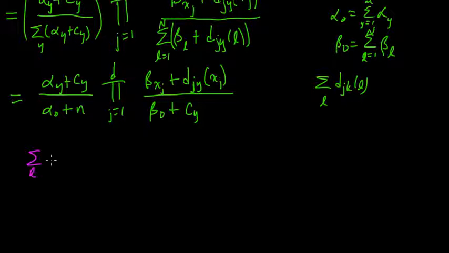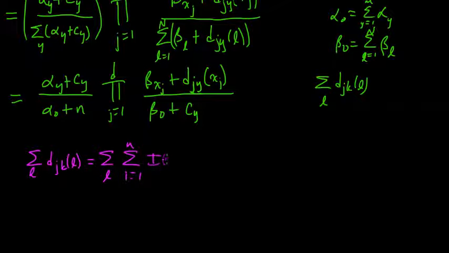The sum over l of djk of l is the sum over l of the sum over i from 1 to n of the indicator that xij equals l times the indicator that yi equals k.